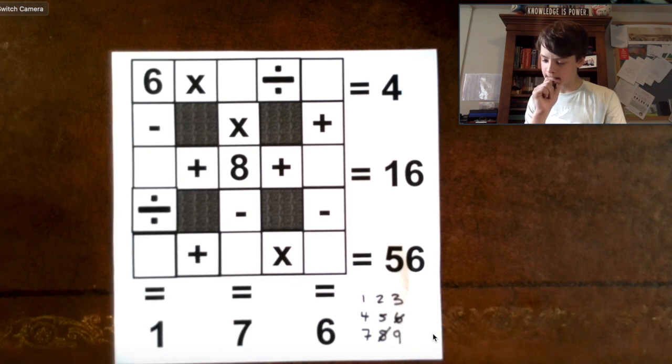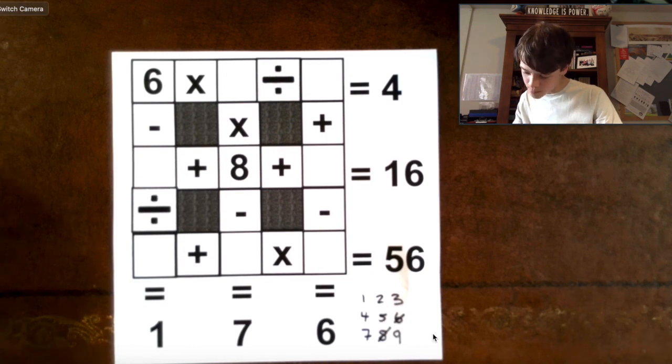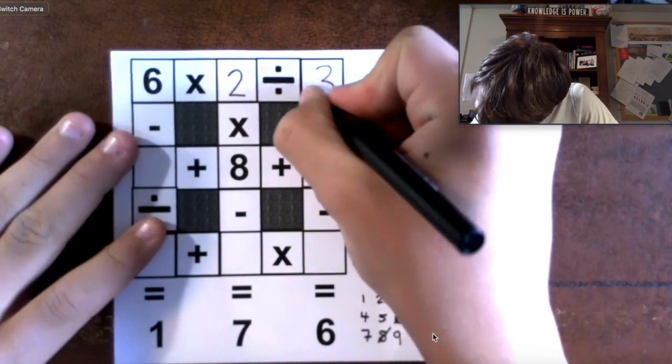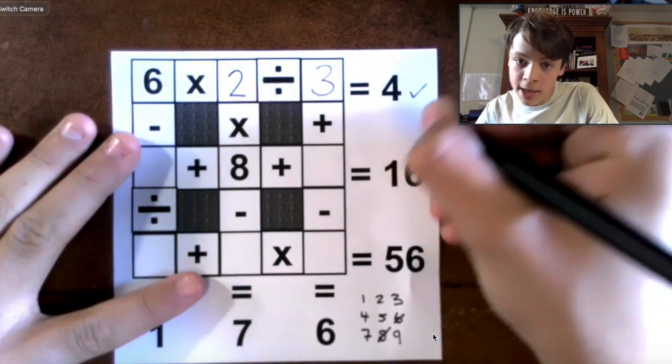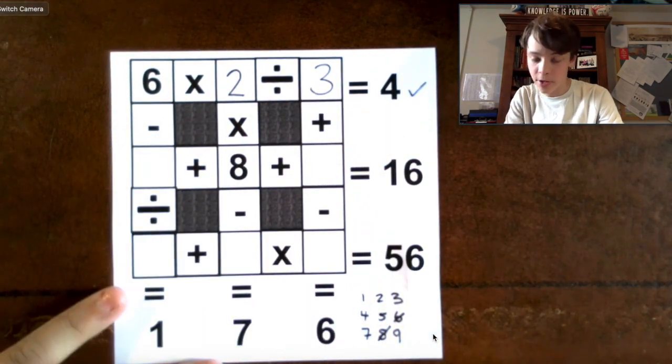So I think we should use the 2 and the 3. I think that'll work, because I can't see any other possible options. So I'm going to write in the 2 and the 3. And then I'm going to do a little tick there, because I know now that that equation makes sense.